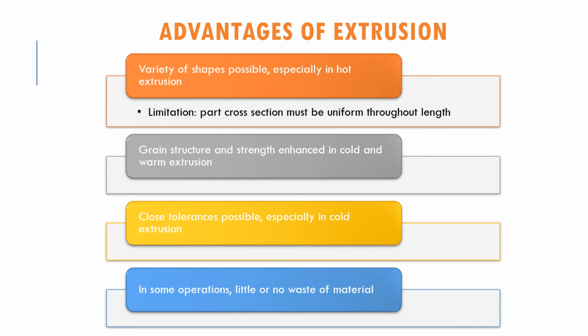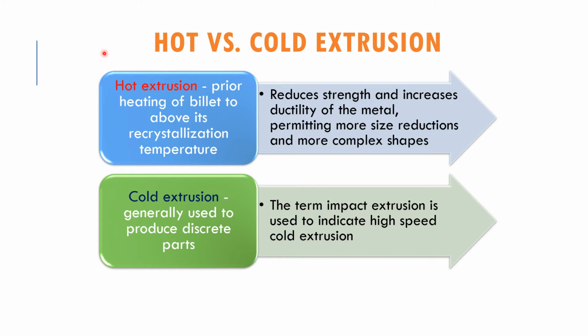of material involved. In extrusion, there are hot extrusion and cold extrusion also, the same like the previous process. So for hot extrusion, the work part will be heated first, and then when it is heated, it will reduce the strength and increase the ductility of the metal.